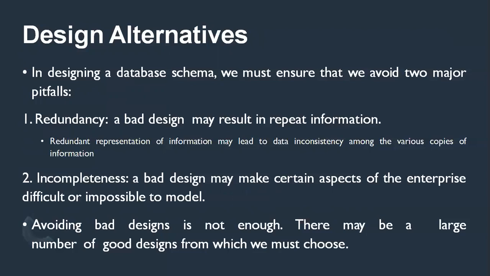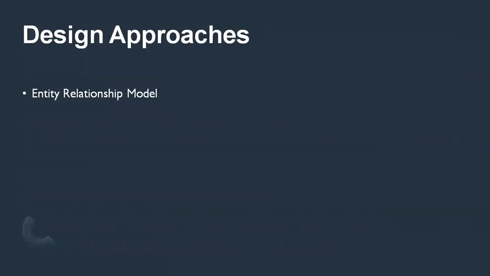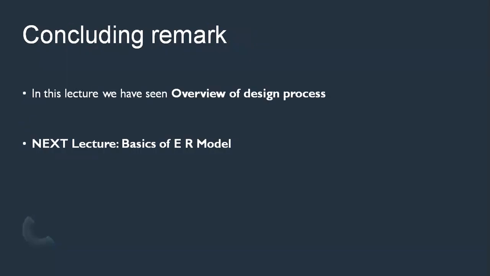What exactly data is going to be there and who are the users of the database. So depending on that, design alternatives will come into the picture. Last point is design approaches. Now, here I have only mentioned the entity relationship model. So design approaches in this ER model is a very important point that we are going to see, but it will be in the next lectures.